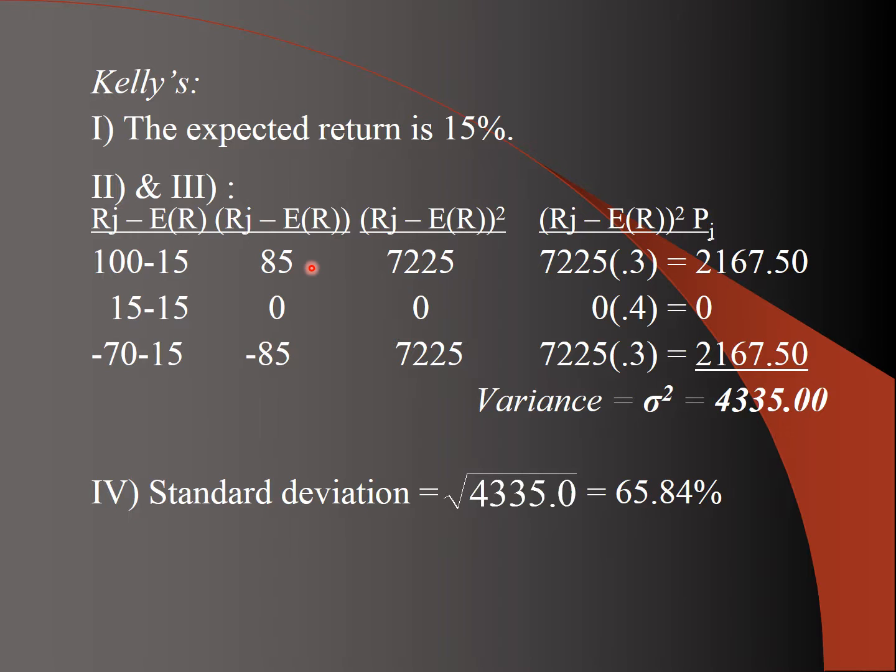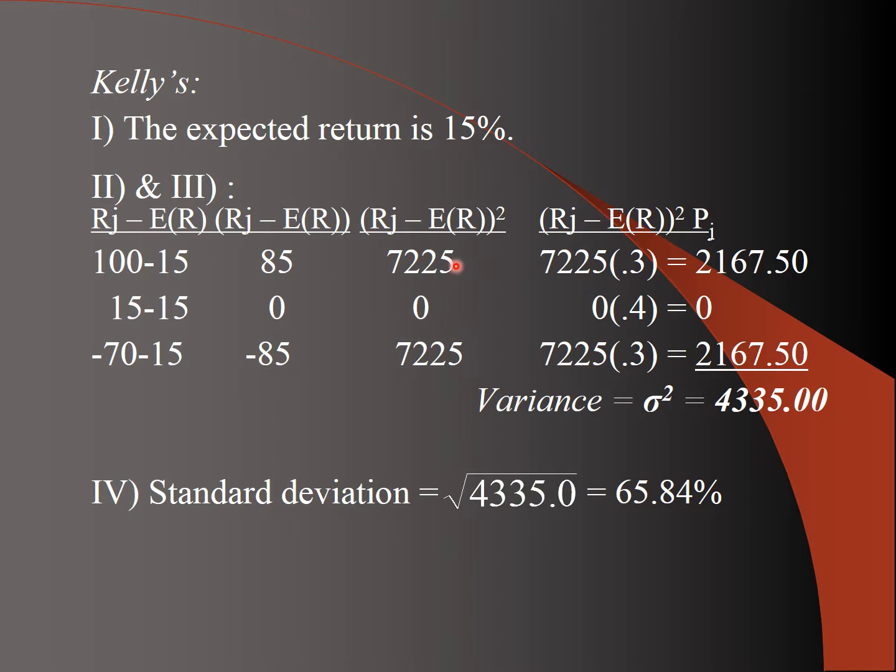Then the next step is we want to square these deviations. So 85 squared is 7225, 0, and then 7225 again. This just happens to be symmetrical because I have a perfectly normal distribution. It won't necessarily be symmetrical in all the problems that you work. It just happened to be so here, and it will be with U.S. Telephone as well.